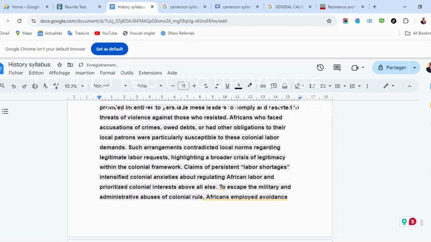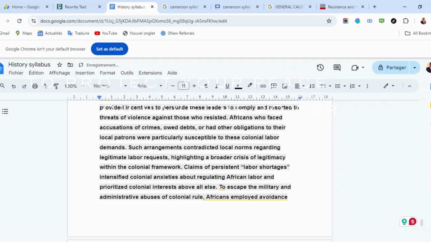Such arrangements contradicted local norms regarding legitimate labor requests, highlighting a broader crisis of legitimacy within the colonial framework. Claims of persistent labor shortages intensified colonial anxieties about regulating African labor and prioritized colonial interests above all else.